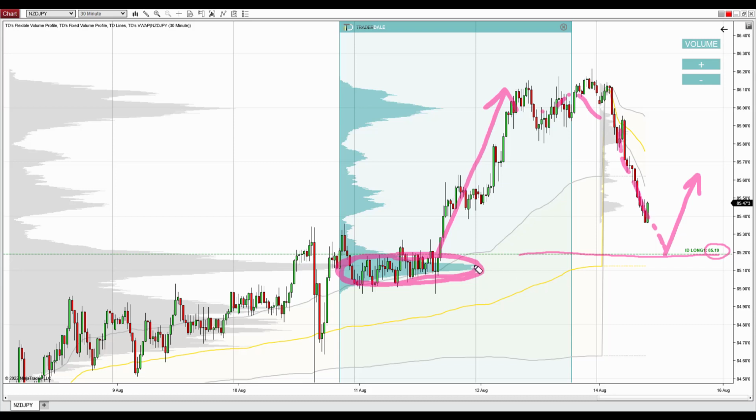Those buyers should defend their long positions and push the price upwards from there again, right? This place is important for them because they placed a lot of their longs there.